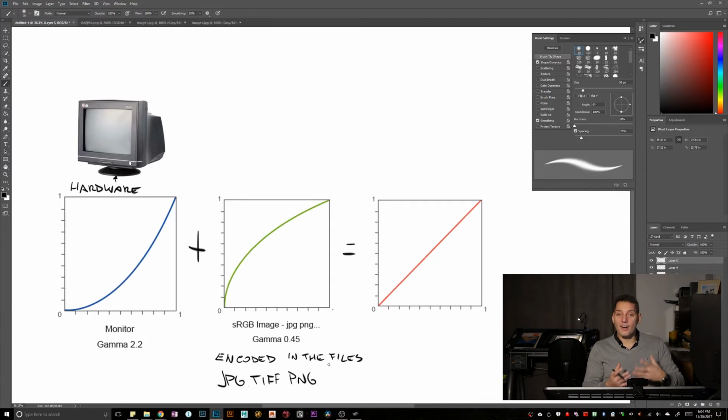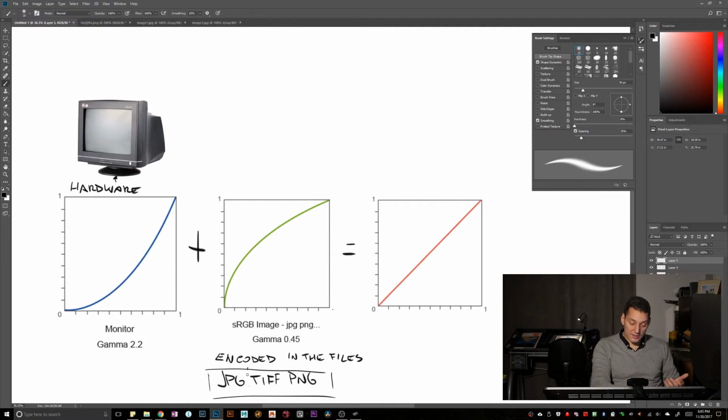Now, LED or LCD screens do not have this kind of behavior and are absolutely linear, so you do not need to correct the signal of the monitor with this curve. The problem is that all these files that have been used for ages have been encoded with this gamma correction, so that you could see the files on the CRTs.